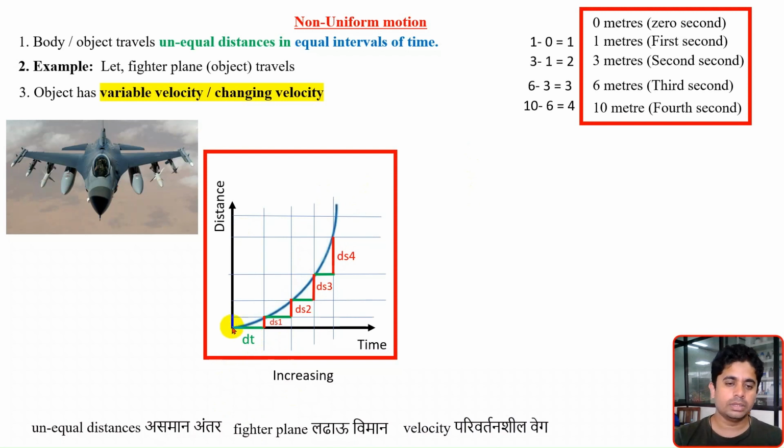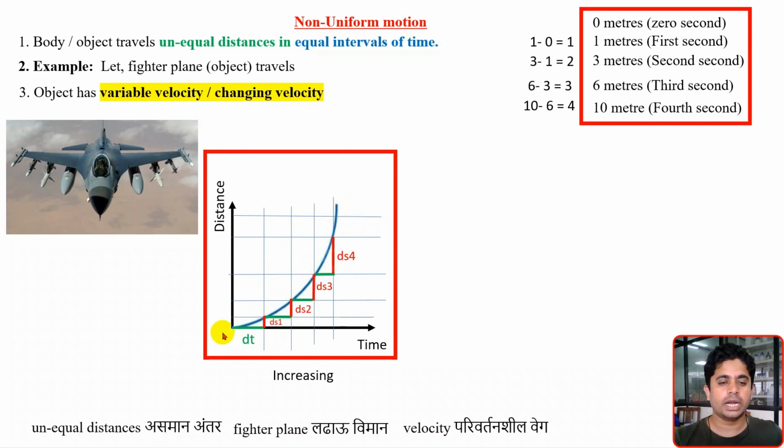Because of that, the line will pass through the origin of the graph. A straight line will pass through the origin of the graph, but in case of a non-uniform motion, as the ratio ds divided by dt is not constant for corresponding time intervals, there the curve has come.